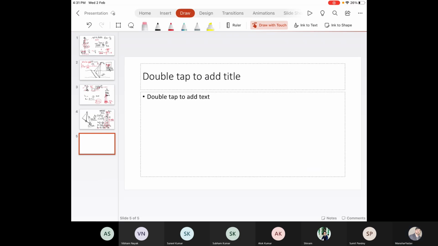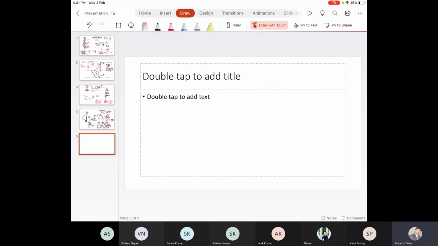Sir, are you writing anything, sir? It is not being displayed on this side, sir. Is it for all of you? Yes, sir. Only the presentation part is showing, and it says double tap to add title, double tap to add text.